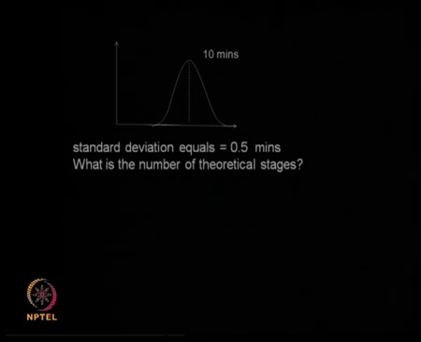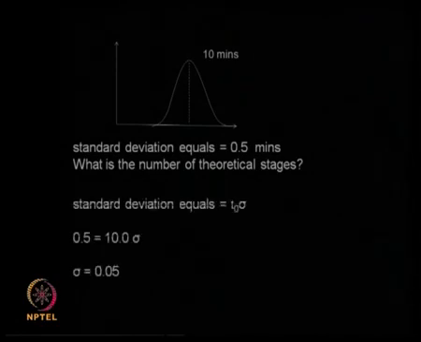So, which equation do we use? We can use the equation which connects sigma with n. So, what is the equation? Standard deviation equals T naught times sigma. Here T naught is given as 10 minutes, standard deviation is given as 0.5. So, I can calculate sigma.